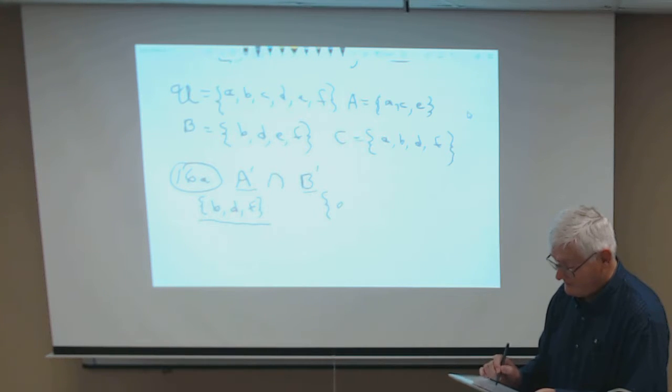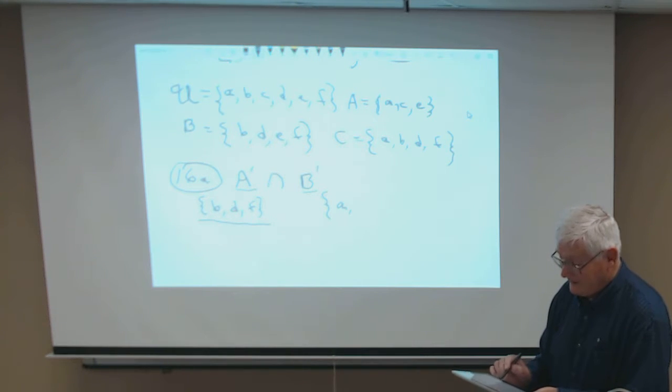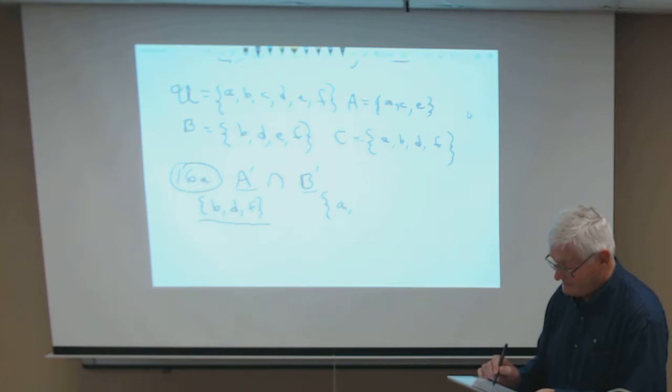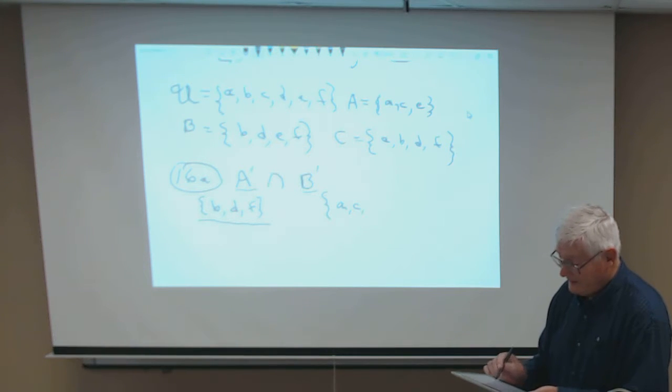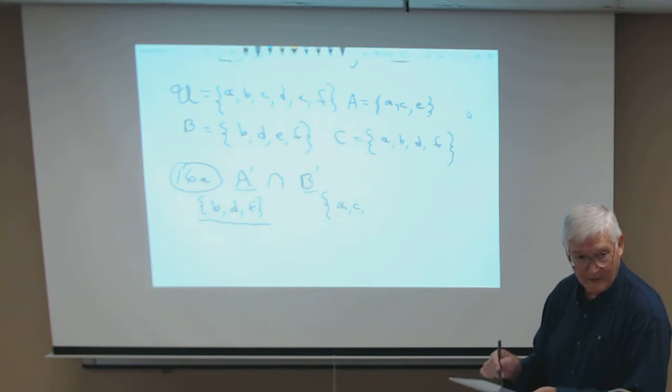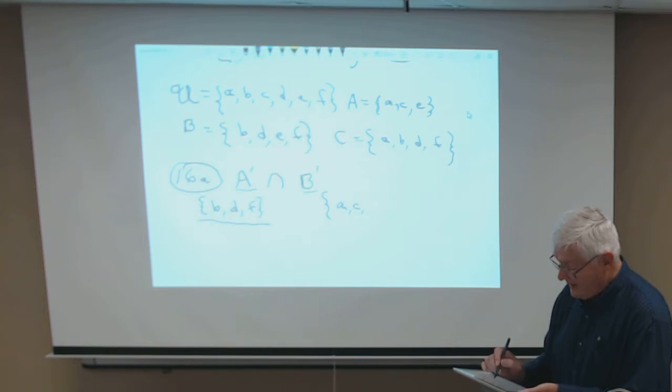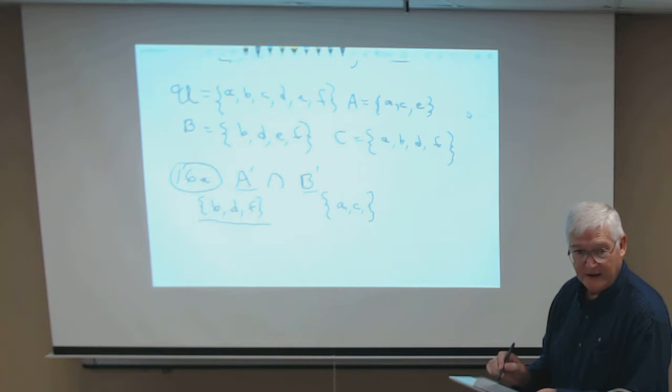A, B's in there, C, D's in there, E's in there, F's in there. You follow what I'm doing? So the complement of B is the set whose elements are A and C. Everybody follow that?